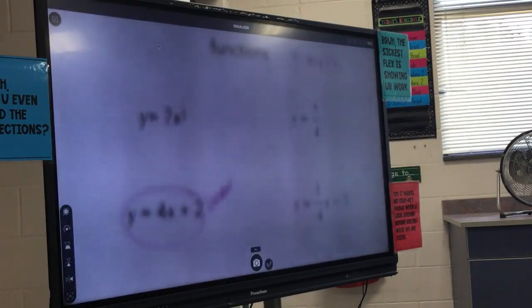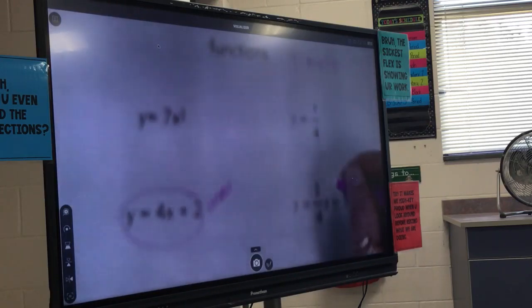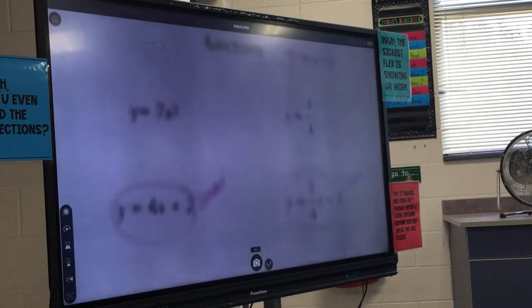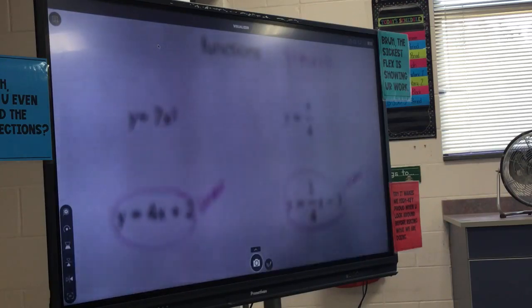All right, what is another one? Someone other than Ariana. Ben. Y equals 1/4 x plus 8. Okay, and why is it linear? Because it follows the equation. It falls into the equation of the rules. All right, so how do we know if it is not linear? Nevaeh.